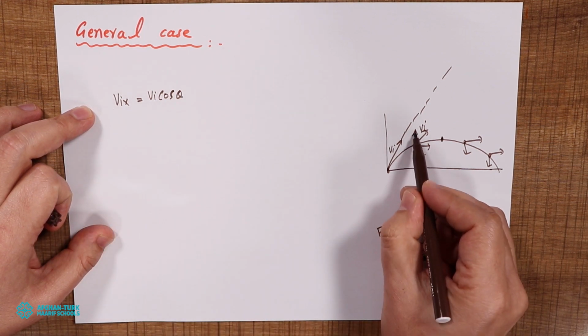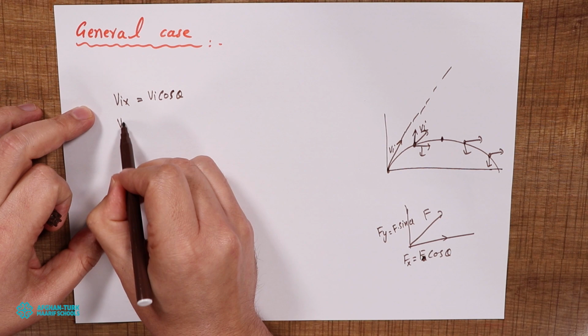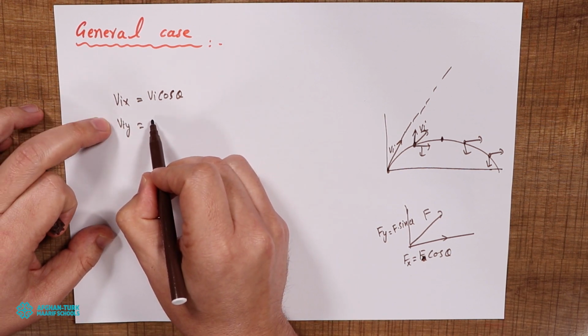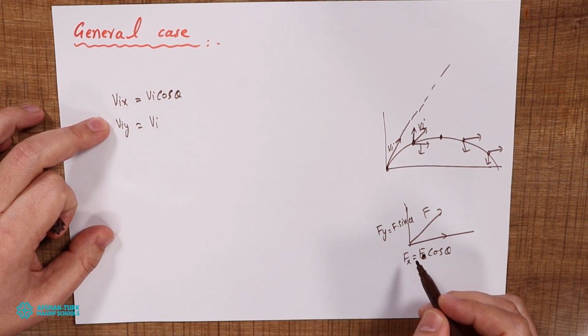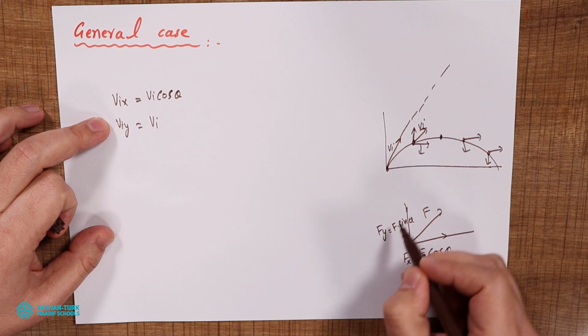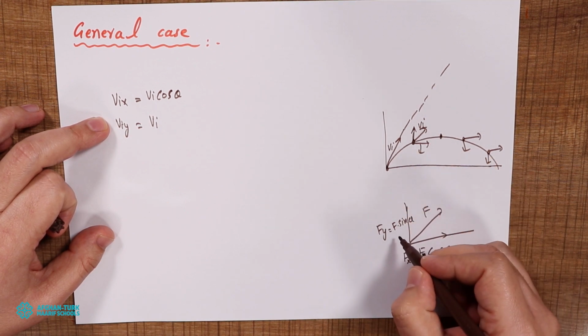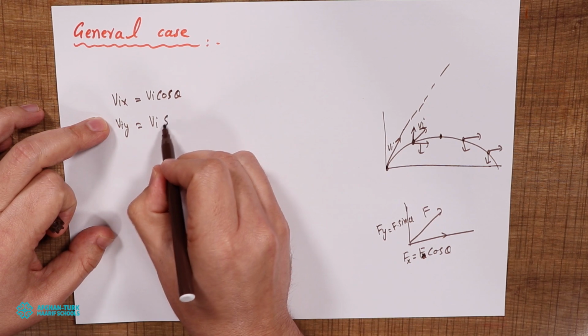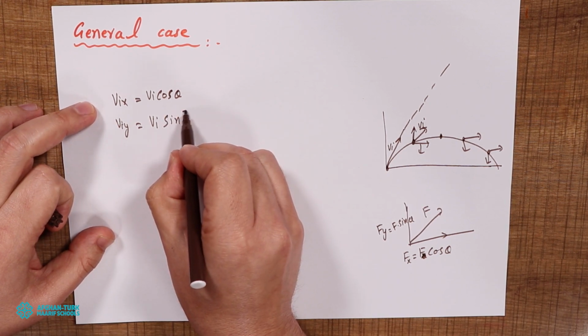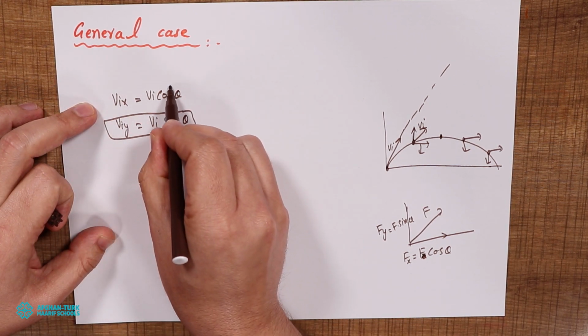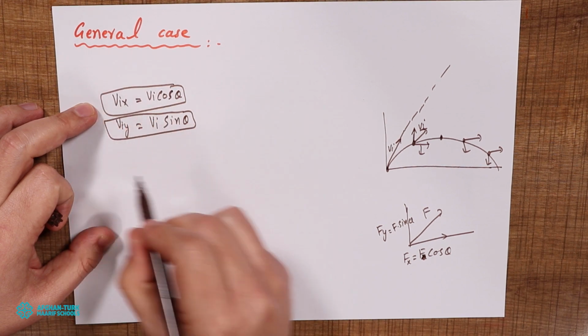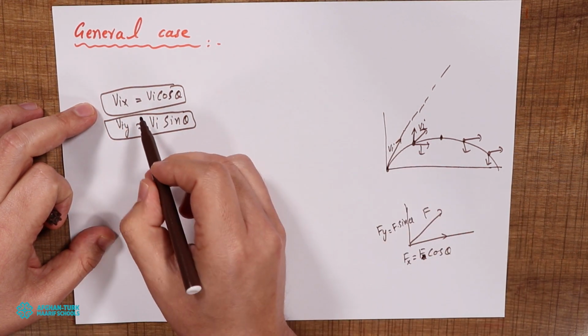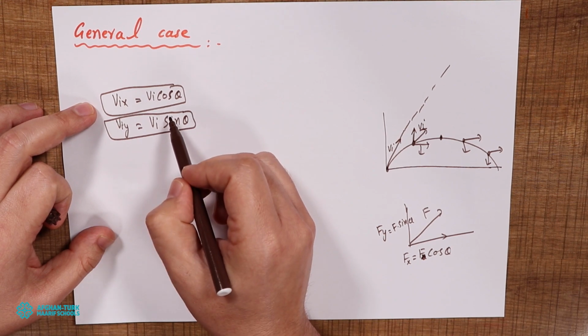And now the vertical side, this one, which is equal to viy, is equal to vi, here instead of f, sine theta. So we can find the components of this initial velocity with the help of these two formulas.